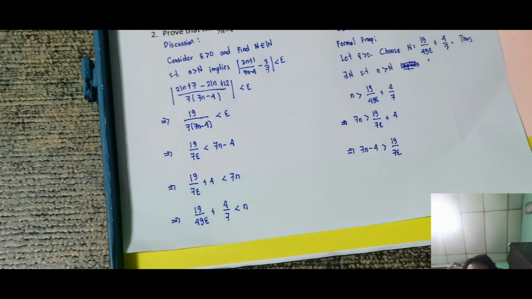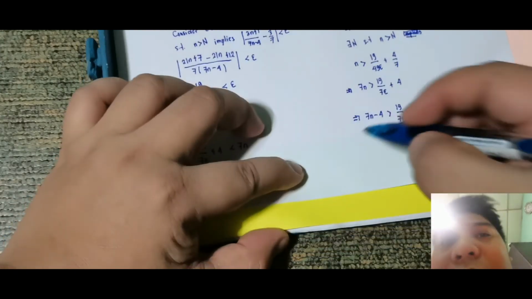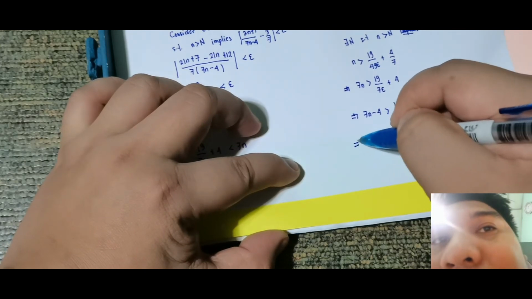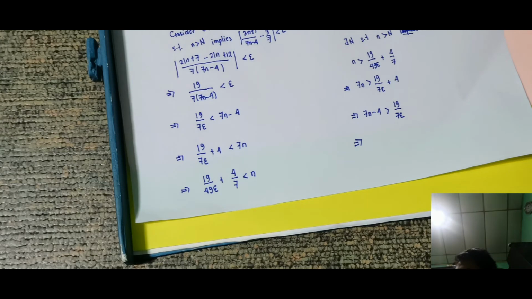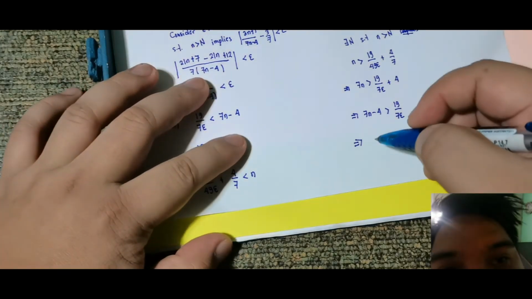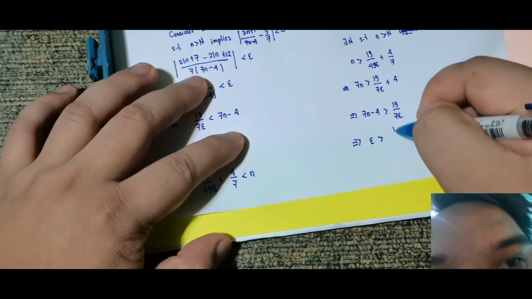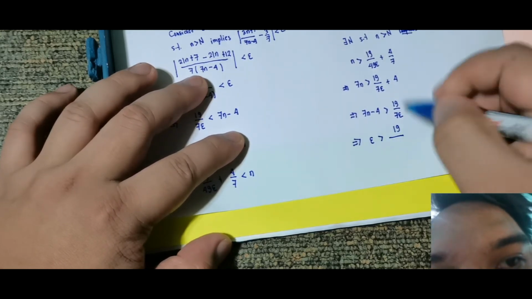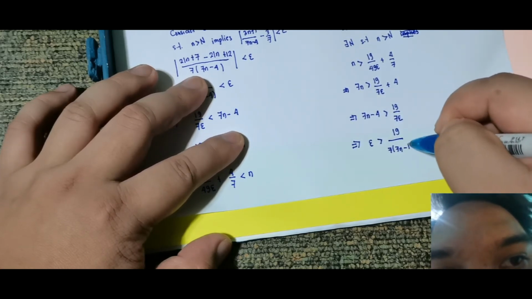Then what do we do? We leave epsilon on this side, so we bring it over there. So this implies that epsilon is greater than 19 over 7 times 7n minus 4.